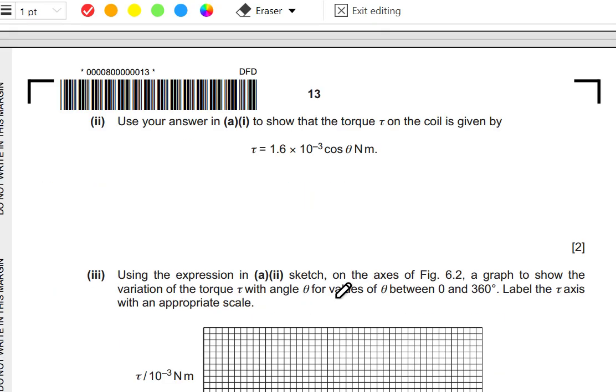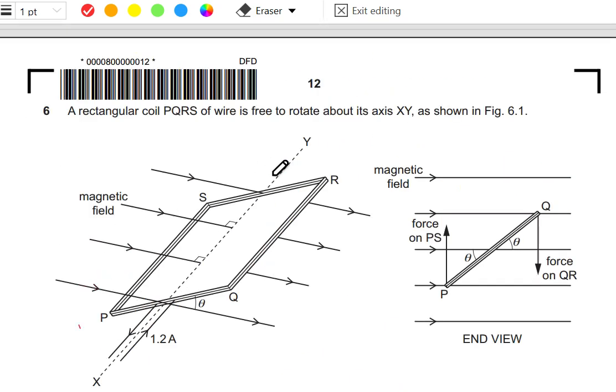Use your answer to show that the torque tau on the coil is given by 1.6 times 10 to minus 3 cosine theta Newton meter. We know that torque is force times perpendicular distance from the pivot, which is the axis of the coil here. This is our pivot, so we need this distance.